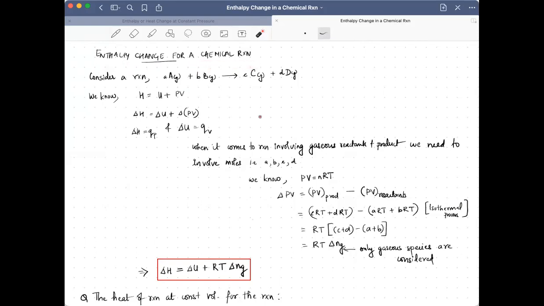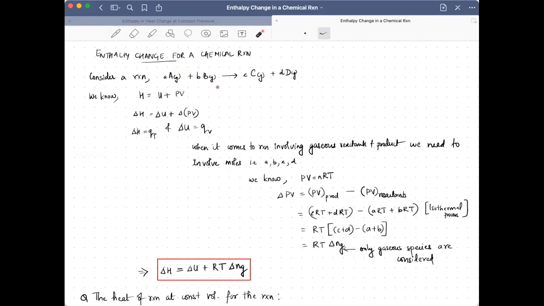Okay, so to understand that, I have written here a hypothetical reaction where capital A and capital B are my reactants, and capital C and capital D are the corresponding products. And adjacent to them, I've written their number of moles.